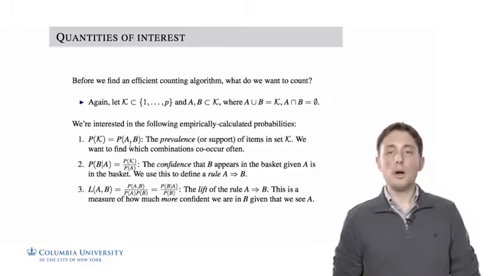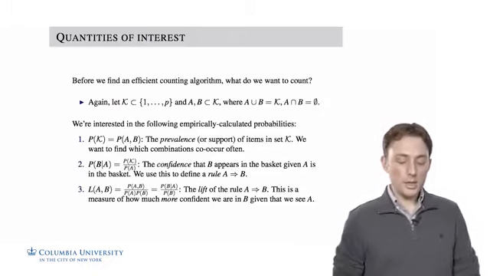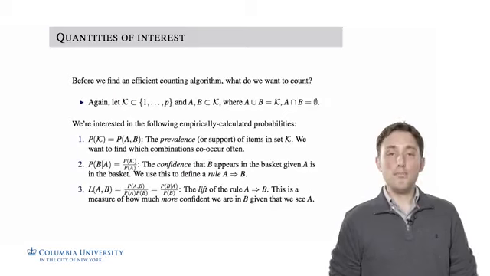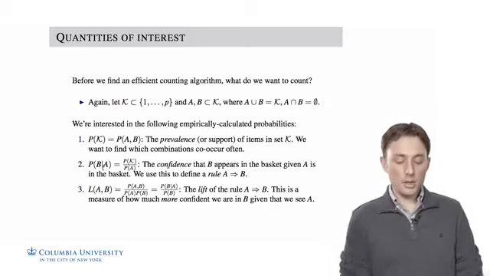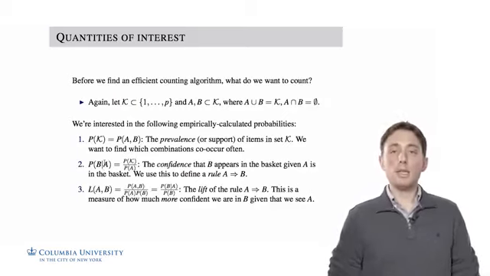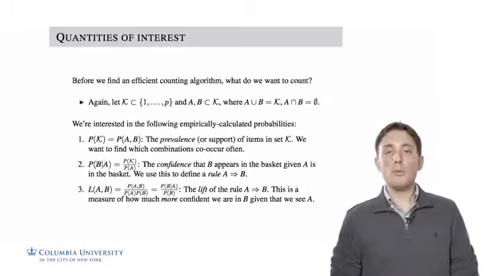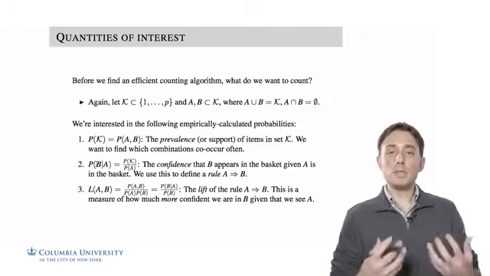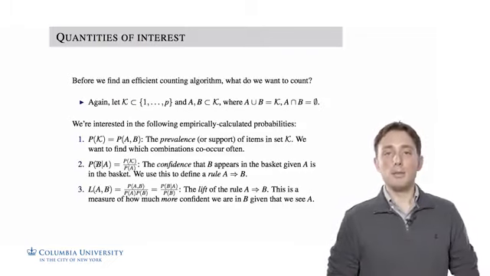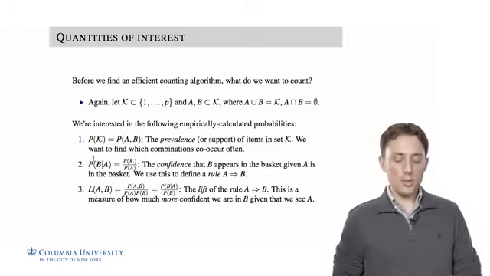Another thing we would want to compute is the conditional probability of the set B given the set A. So if you tell me that the set A is in my basket, what is the probability that the items in the set B are also in my basket? So this is the conditional probability.